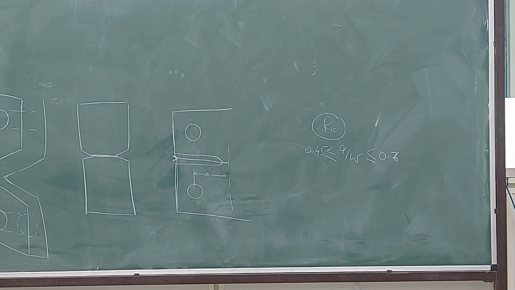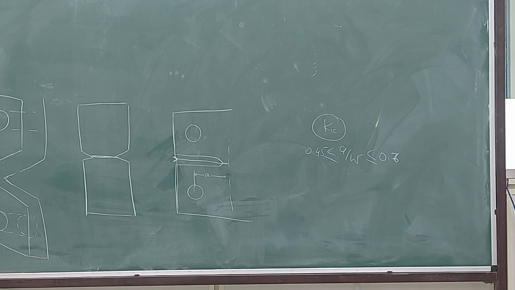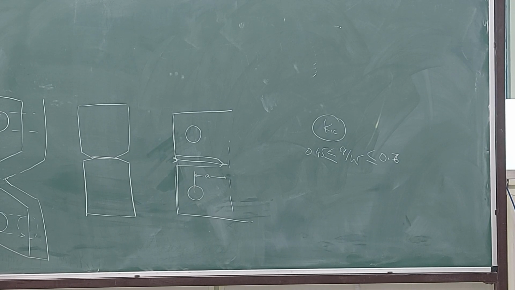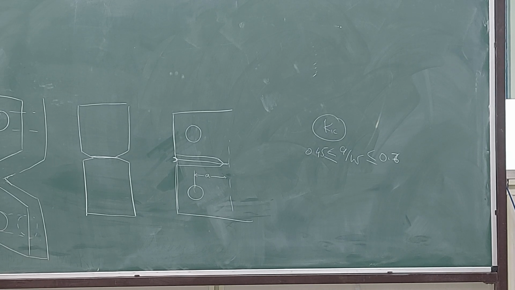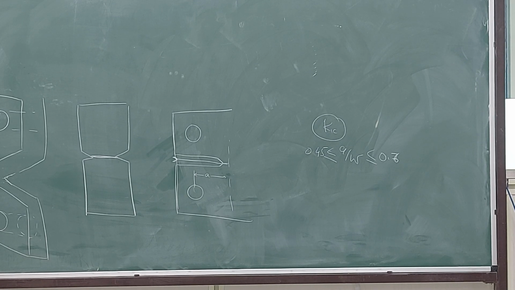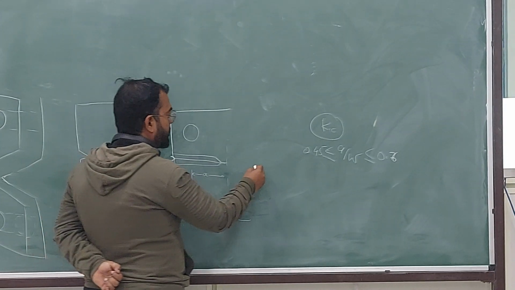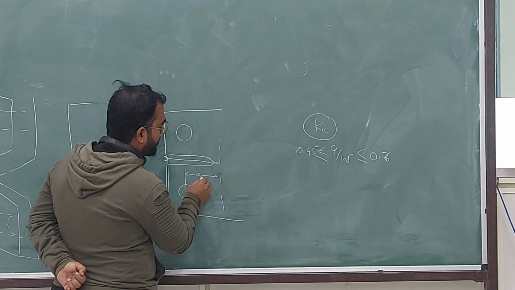It has to be in this range. Mostly people try to achieve 0.5. In that case, thickness will be equal to crack length, both of them will be smallest, so then you can follow that criteria. So a by W is equal to 0.5, so that means a naught is equal to B naught.